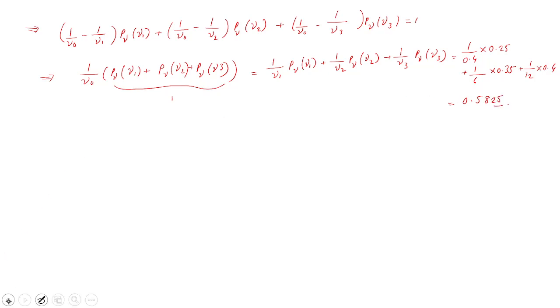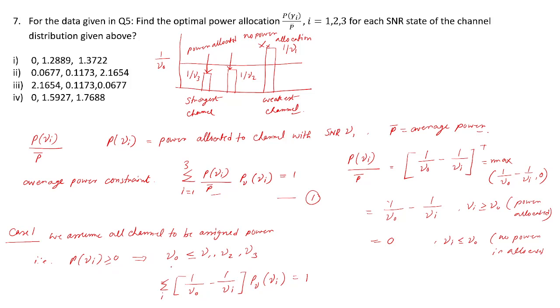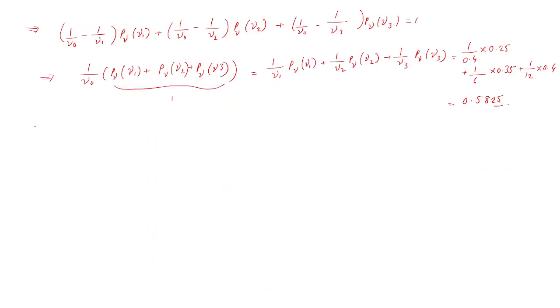Now please look into our assumption here that gamma naught is less than gamma 1, gamma 2 and gamma 3. Let us consider the gamma 1 case, because gamma 1 is the lowest of the instantaneous SNR.